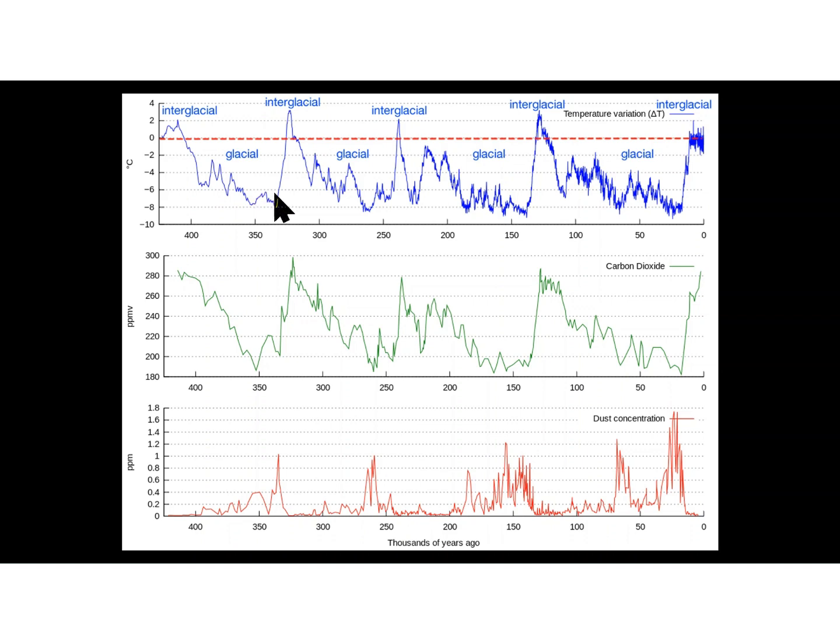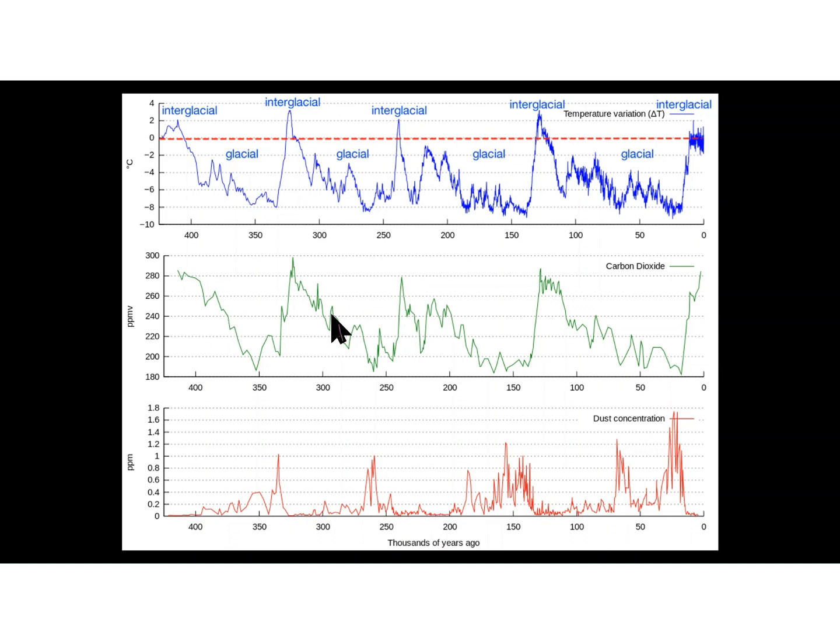That calls attention. You have this glacial, interglacials, glacial, and then these interglacials. And then the latest one, the one we are in, is called Holocene.